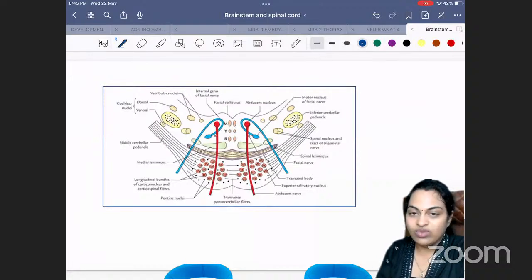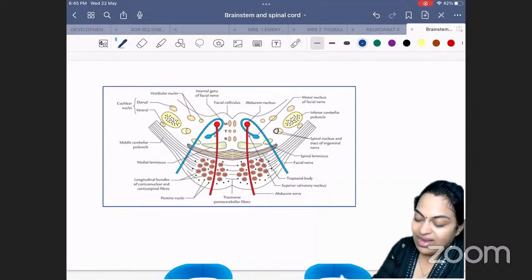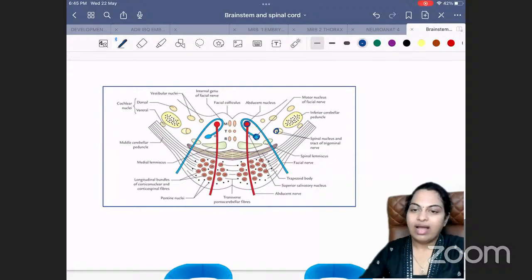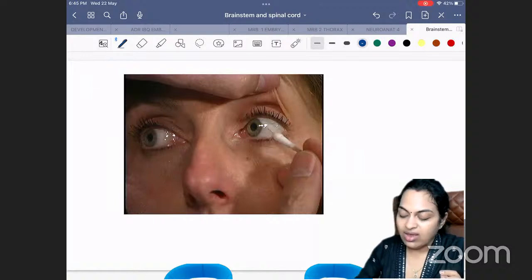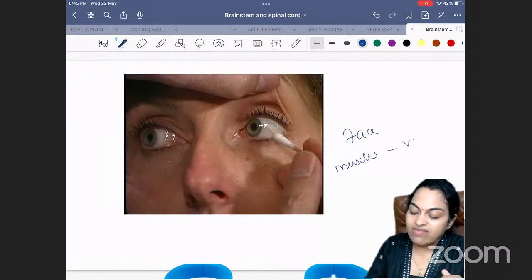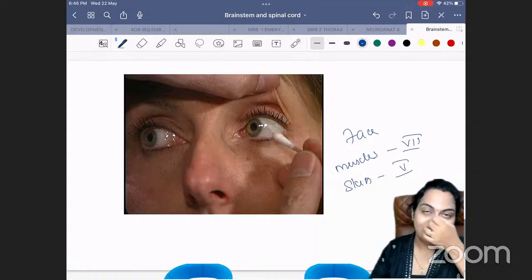What you see here, I just want to show you three nuclei shown in three colors. This is the spinal nucleus of trigeminal nerve. This blue color is the motor nucleus of the facial nerve, and the red color is the abducens nucleus. The muscles of the face are innervated by the seventh nerve, whereas the skin over the face is innervated by the trigeminal nerve, isn't it?